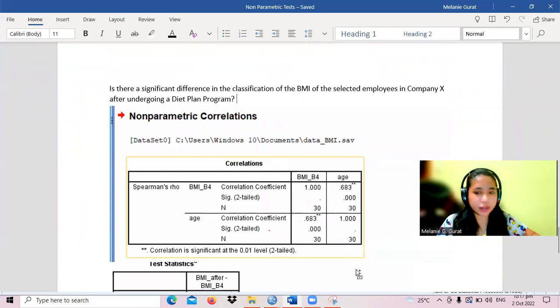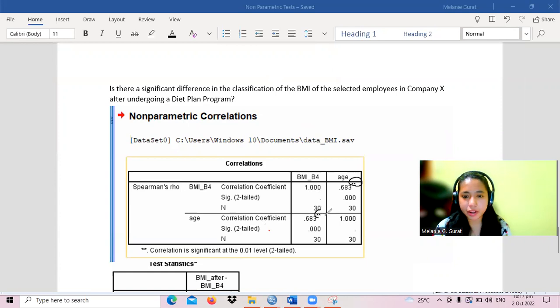What is again the meaning of this table? As we can see here, there is a double asterisk indicating that there is a significant correlation at the 0.01 level. This is the double asterisk that I am referring to. It is positive.